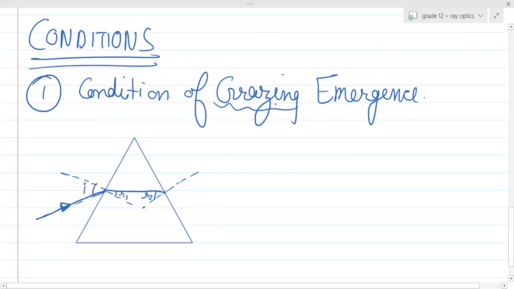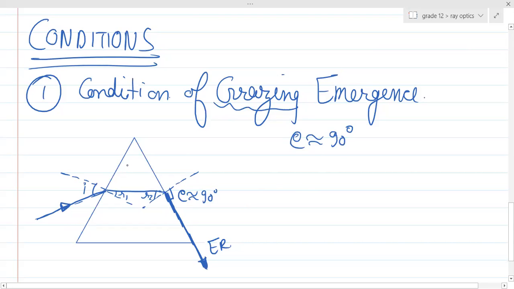Do you remember grazing incidence? Grazing incidence was basically when the angle was approximately 90 degrees, right? Similarly, in the case of grazing emergence, this emergent ray comes out and grazes along the surface. So at the condition of grazing emergence, E is approximately equal to 90 degrees.